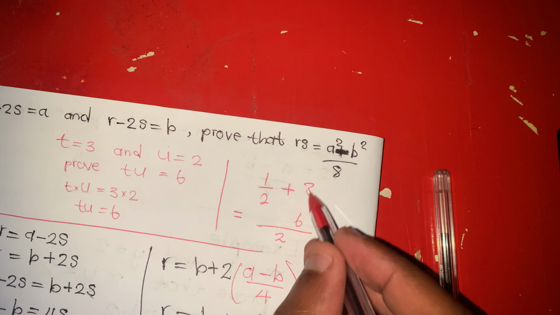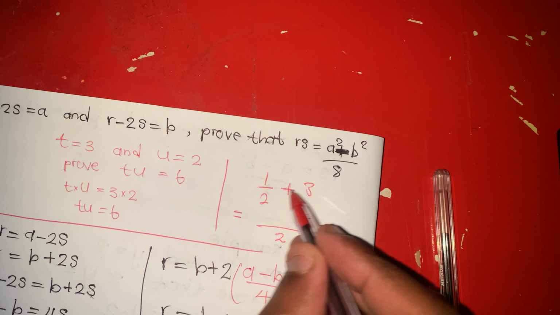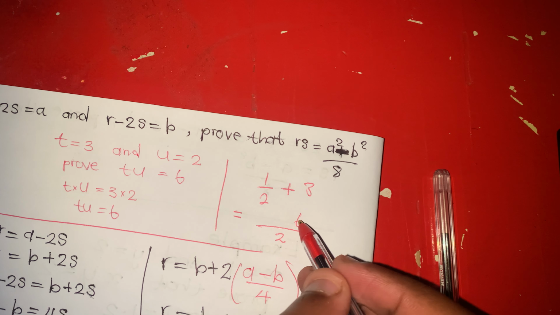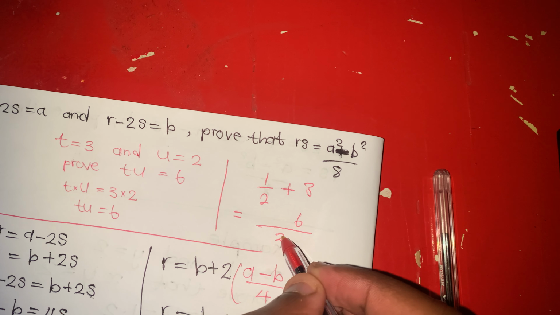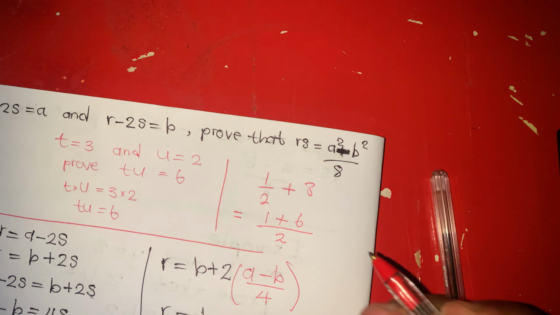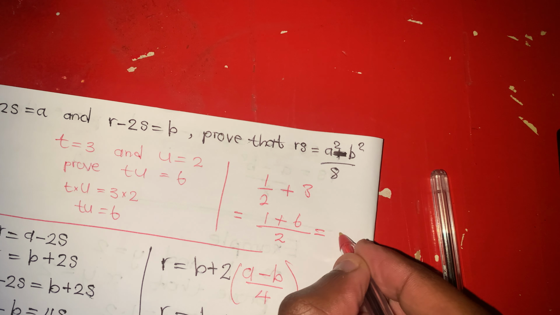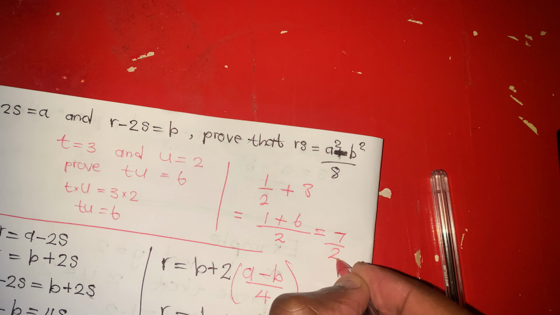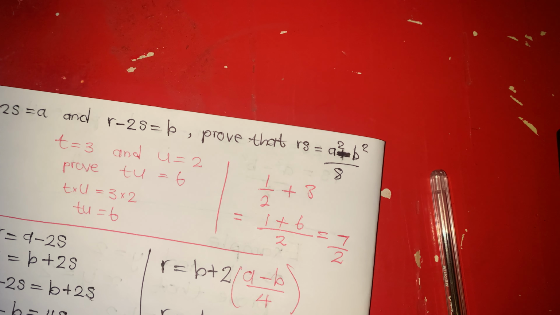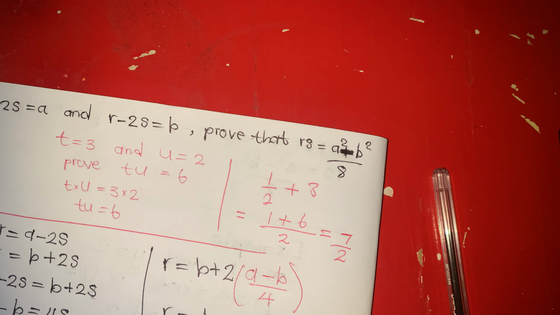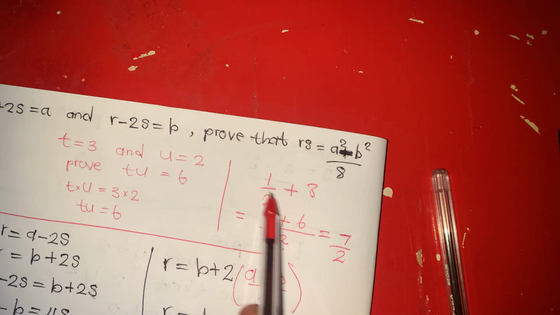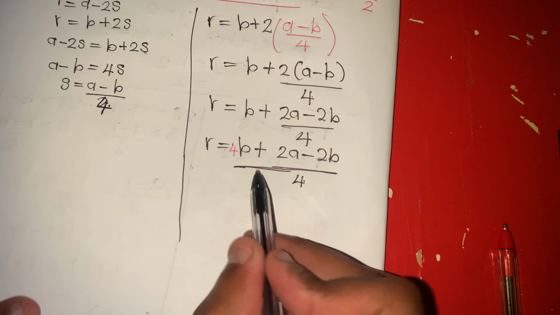So 6 over 2 would give you 3, and the 1 stays. So simplifying this will ultimately give you 7 over 2. 7 over 2 is 3.5. Simple.